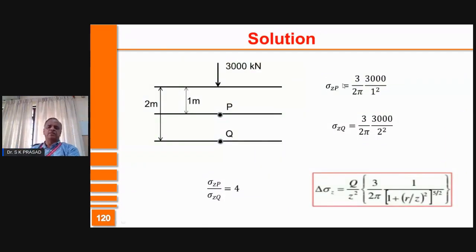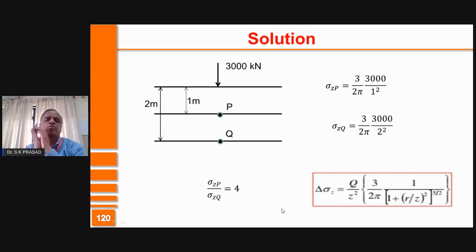So, friends, you have the level ground surface, a point load of 3000 kilonewton acts at the surface. Point P is 1 meter from the surface below it, and point Q is 2 meters from the surface. Now, if you consider sigma z at P, that's equal to 3 by 2 pi into 3000 by 1 squared.